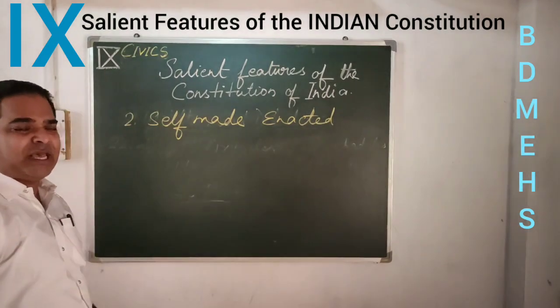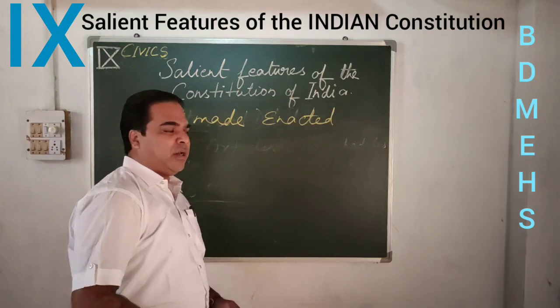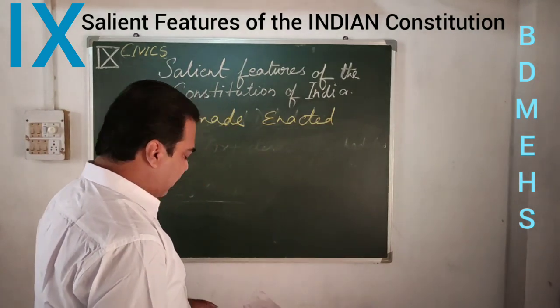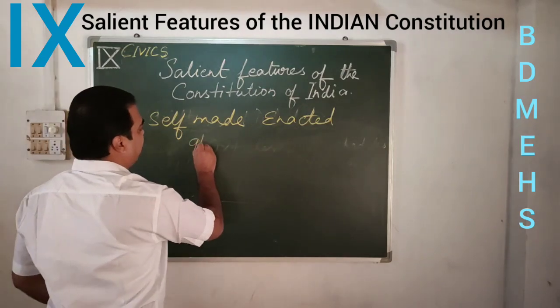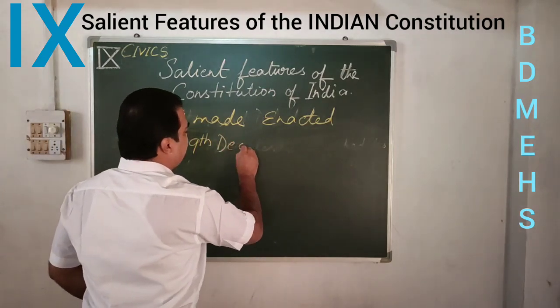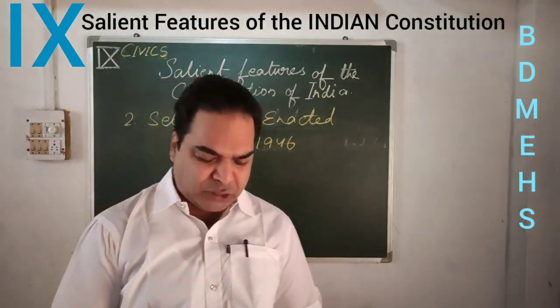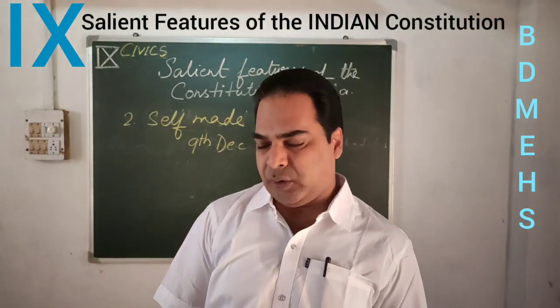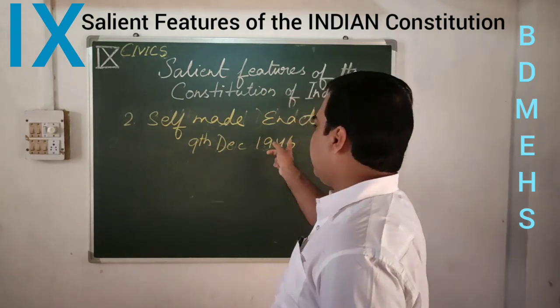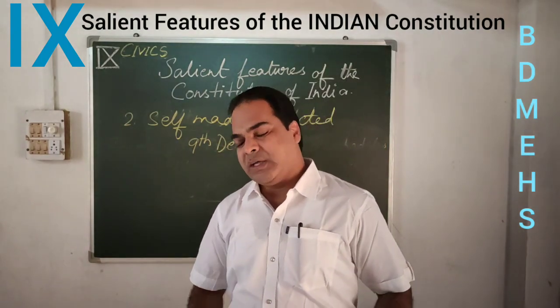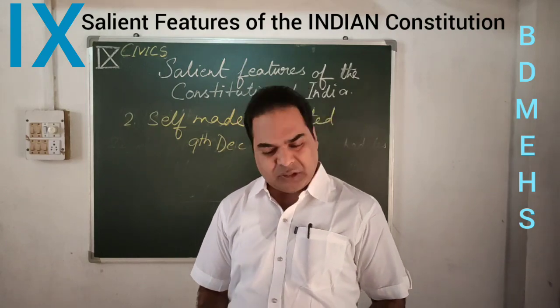As you know, when we discussed the Constituent Assembly, which was constituted at the time, on 9th December 1946 the first meeting of the Constituent Assembly was held, where they decided to start the formation of our constitution.